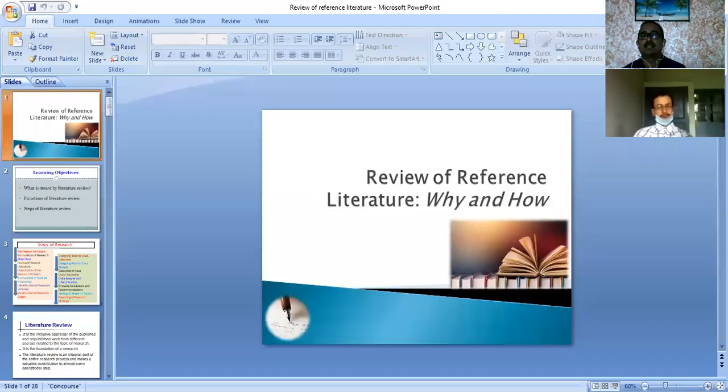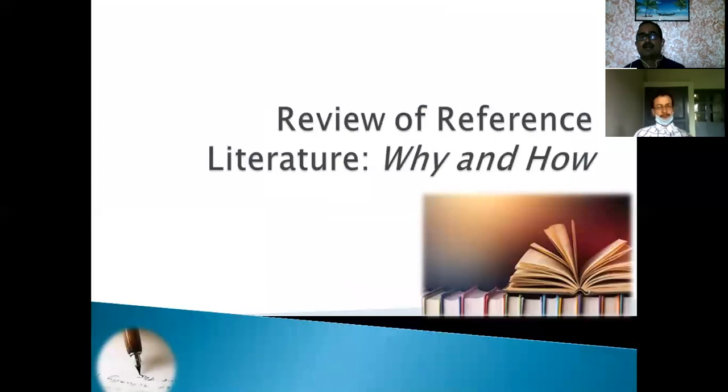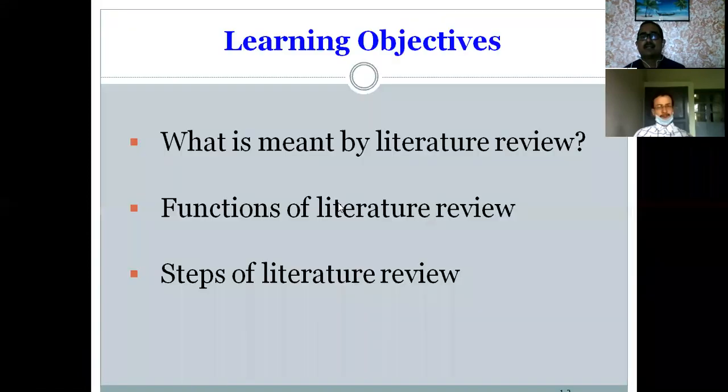So this is what I am going to discuss. Review of reference literature, why and how. Why it is important, and how to conduct or pursue a review of reference literature. You know that review of reference literature is a very important part of a research work.